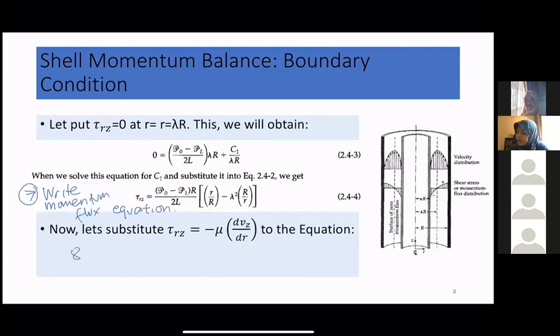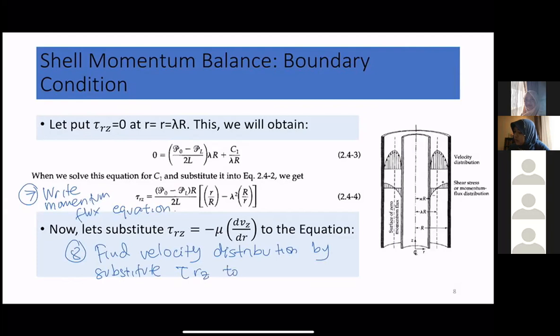Okay, and number 8 is find velocity distribution by substituting tau RZ to minus mu dvz over dr.